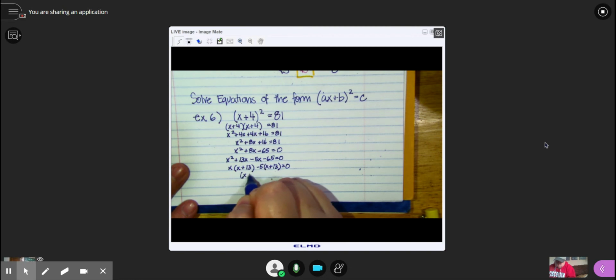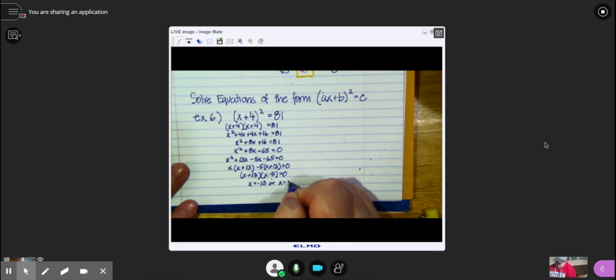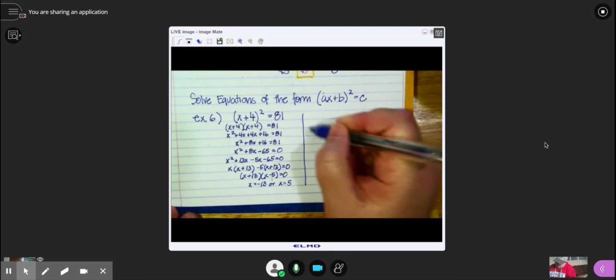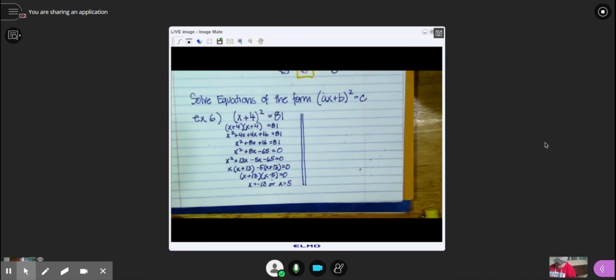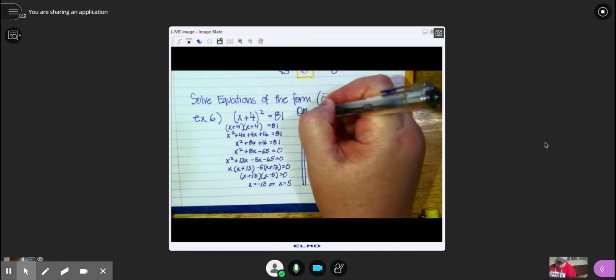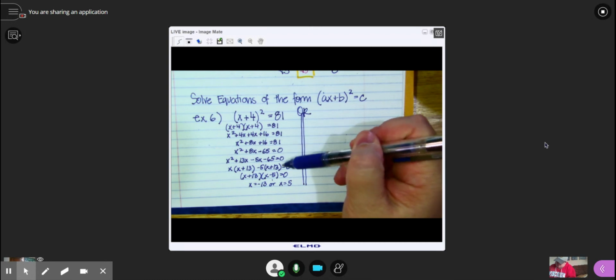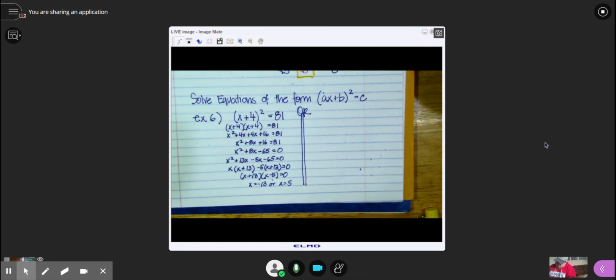Woo! X plus 13, x minus 5, and x could be a negative 13, or x could be a positive 5. This works. Right? I mean, I've got 1, 2, 3, 4, 5, 6, 7, 8 lines of work, but it worked. I got there.